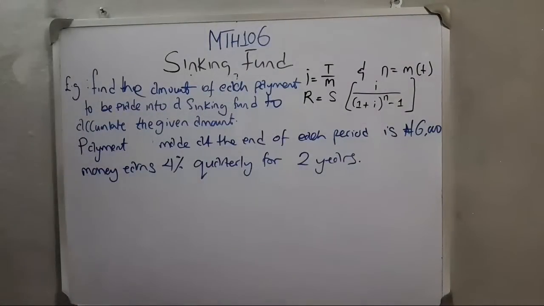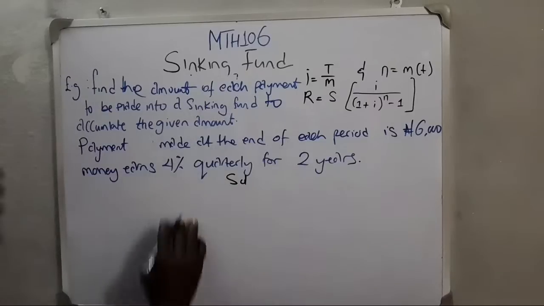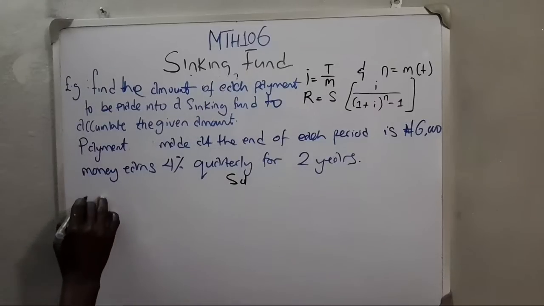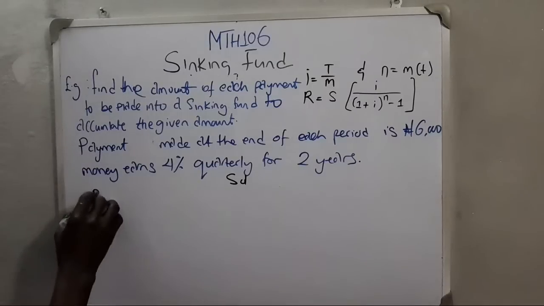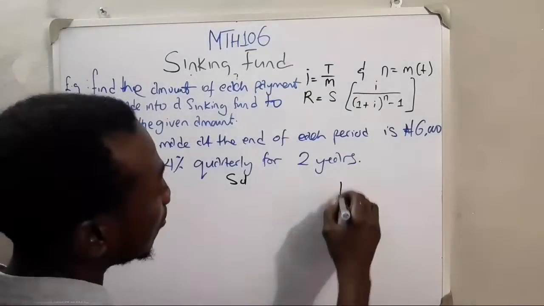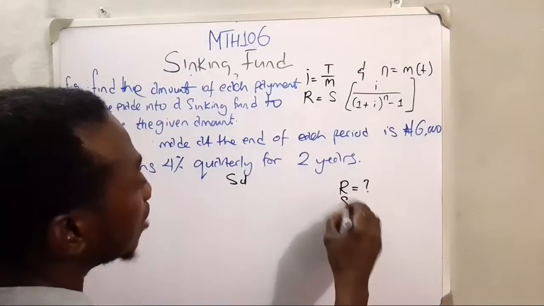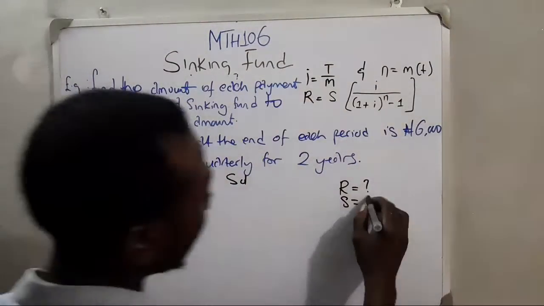So we have the solution. Our formula is R. R is unknown. S is 6,000 naira.